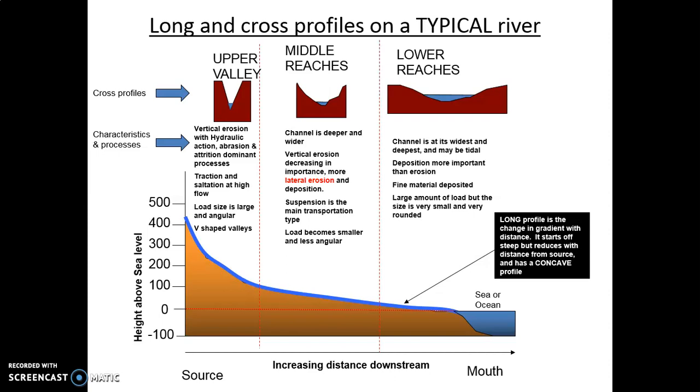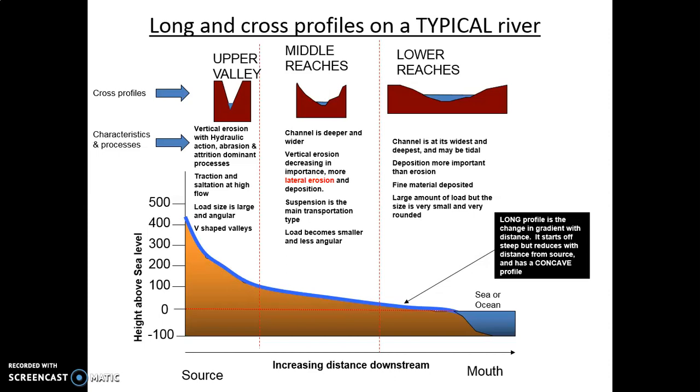What you tend to get as well is a change in colour in the river as you go from upper to lower. And that's because in the upper valley, the material is so big that it doesn't really mix with the water and it doesn't create almost like a muddy looking water. So you get quite clear streams and nice upper course streams. As you get to the middle reaches, because it's starting to break down a little bit, the river starts to get a bit more murky and a bit muddy, or it looks muddy, and that's because you're getting smaller particles in the river.